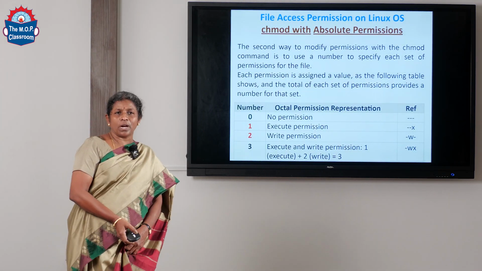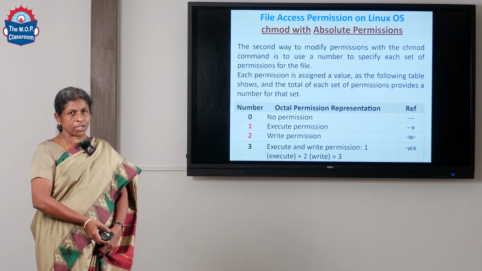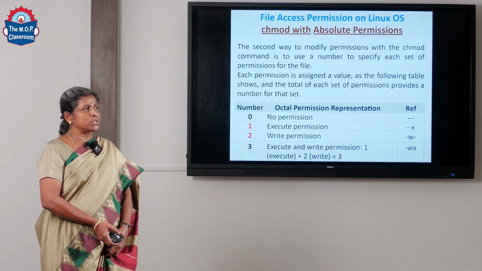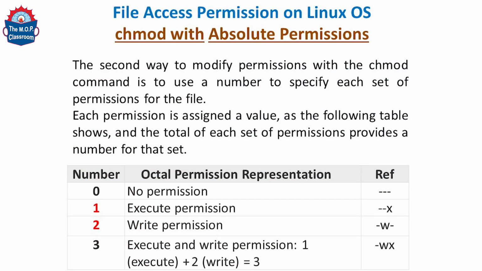Now, what we have seen is symbolic mode, how to change the file permission using symbolic mode. Now, we are going to see how to change the file permission using absolute mode. In absolute mode we will not be using the symbols, we will be using the numbers. So, if you do not want to give any permission for either the user or group or others, you are going to use 0. 0 represents no permission, and if you want to give execute permission you have to make use of the number 1.